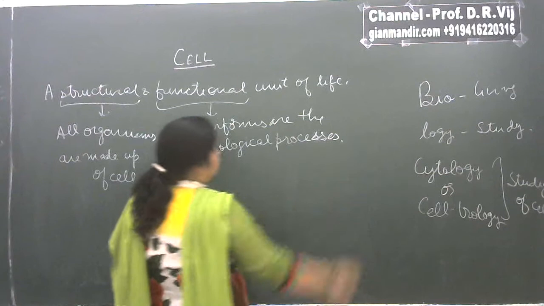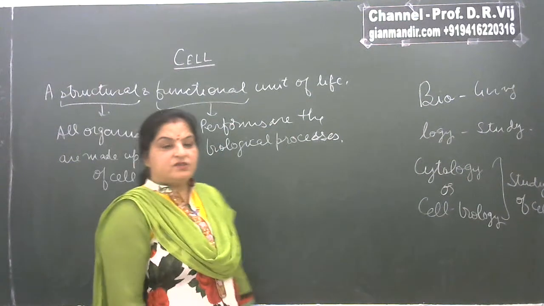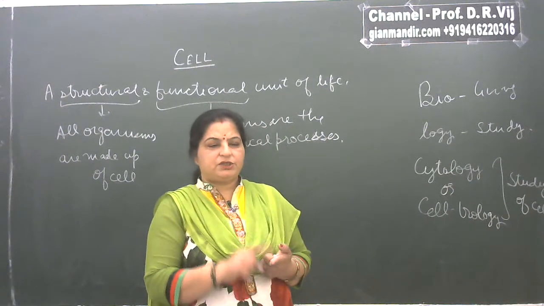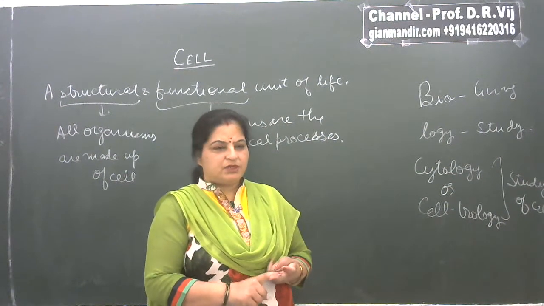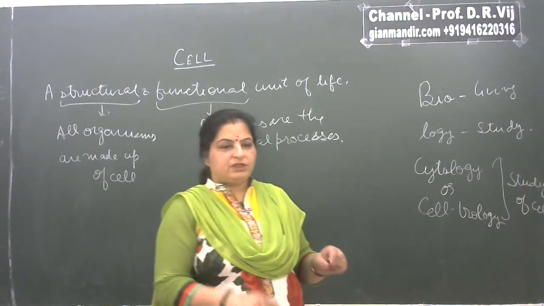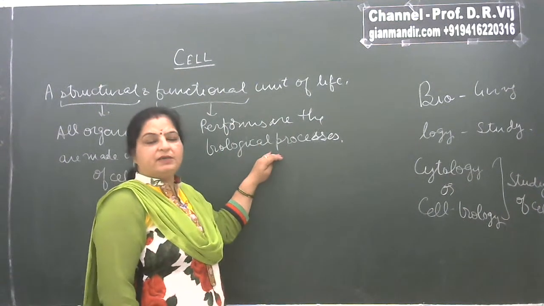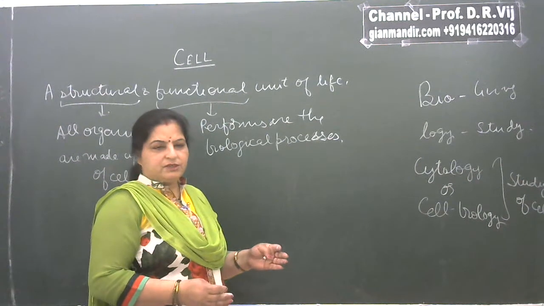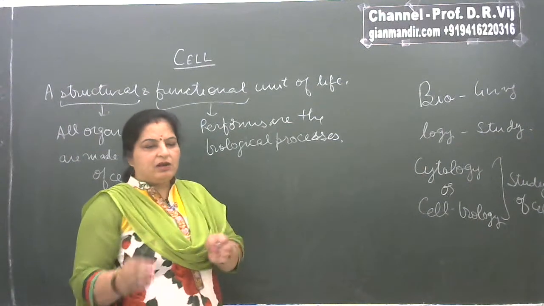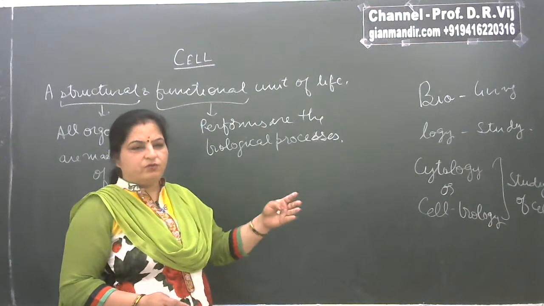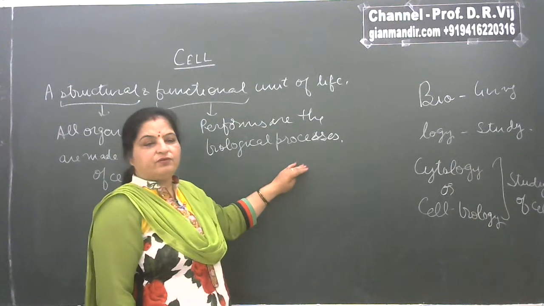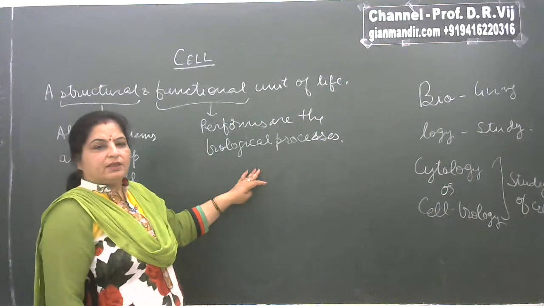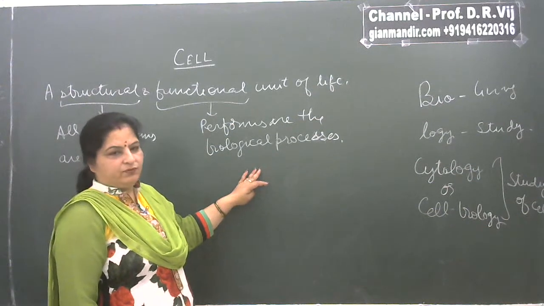All the biological processes which are essential for the survival of life, whether you talk about digestion, respiration, excretion, transportation, all these basic functions of life are also performed by a single cell. Our body is capable of performing various functions because every cell of our body is performing its own work. And that's why we are capable of surviving, right? So, that's why the cells are known as the functional unit of life, right?